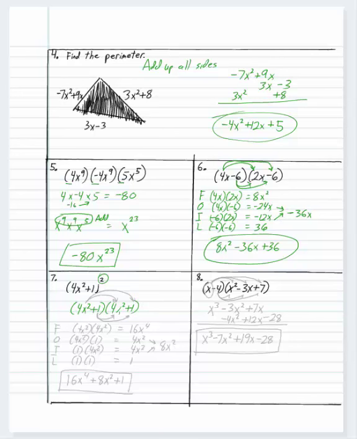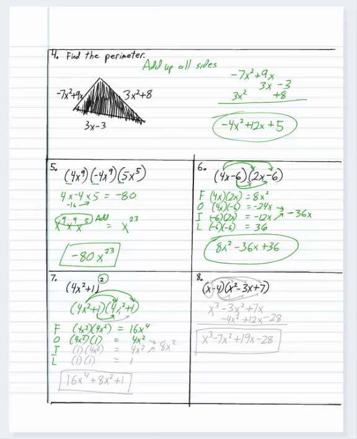And now let's do FOIL. So we'll do 4x squared times 4x squared. And that would give us 16x^4. Then 4x squared times 1, which is just 4x squared.